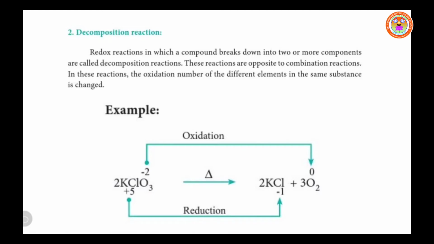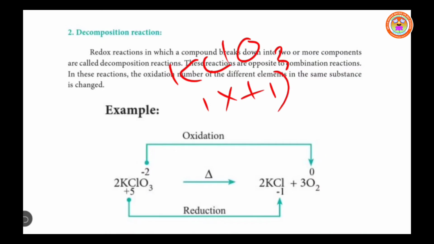Potassium chlorate, KClO3, is a compound of chlorine. Here we can calculate the oxidation number of chlorine in KClO3. Substitute the oxidation numbers of potassium and oxygen. Potassium's oxidation number is +1, so 1 into +1, plus Cl, then there are 3 oxygen atoms, so 3 into -2, which is equal to 0.